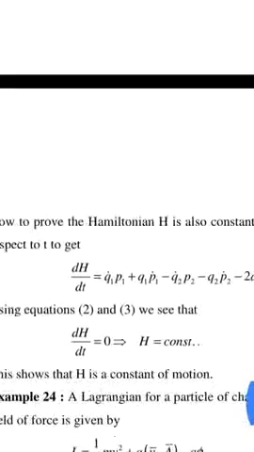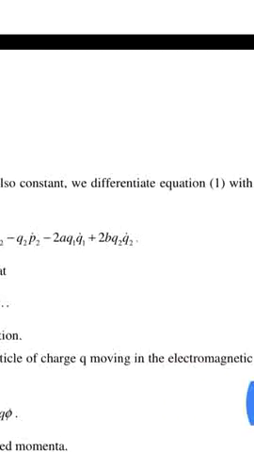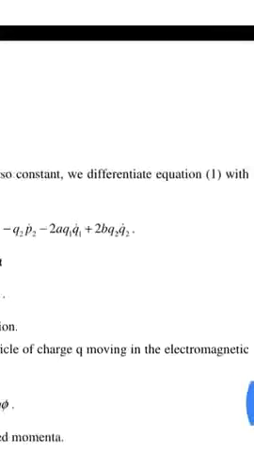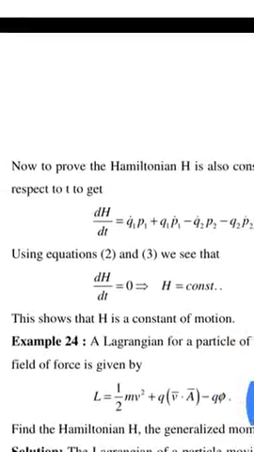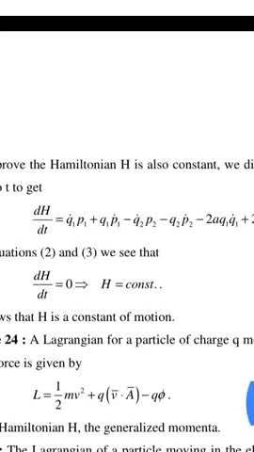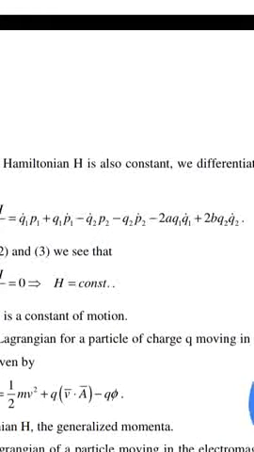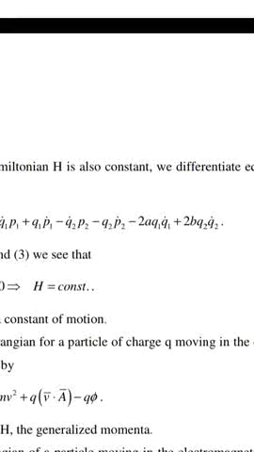Now to prove that the Hamiltonian H is also constant, we differentiate equation 1 with respect to t to get dH/dt equal to Q1 dot P1 plus Q1 P1 dot minus Q2 dot P2 minus Q2 P2 dot minus 2aQ1 Q1 dot plus 2bQ2 Q2 dot.